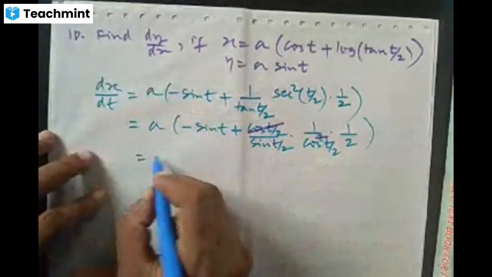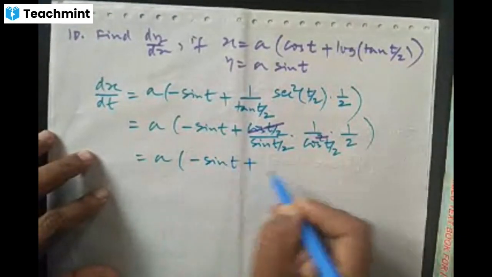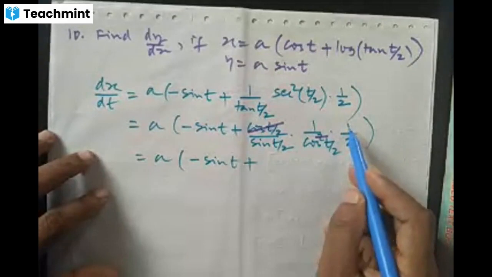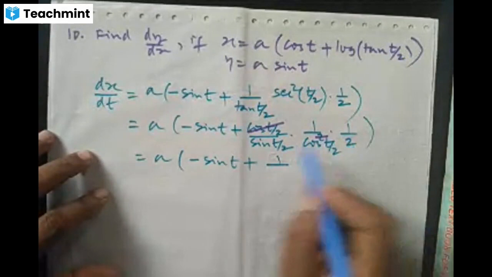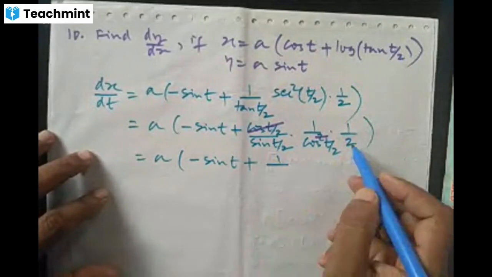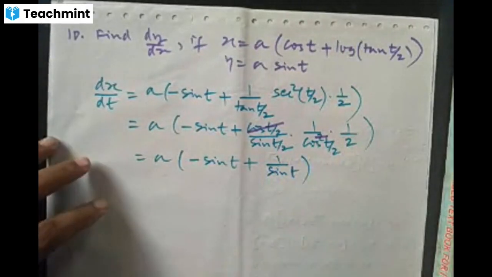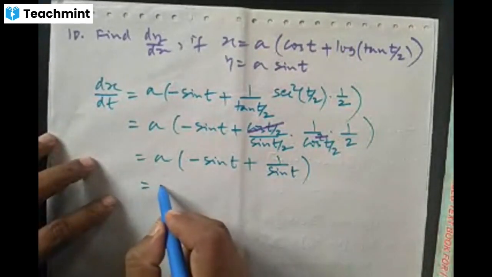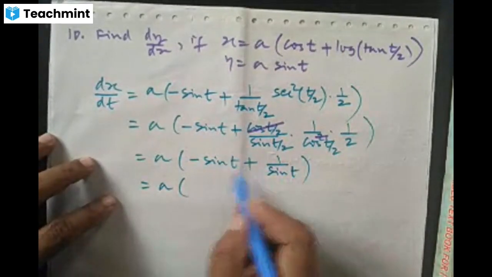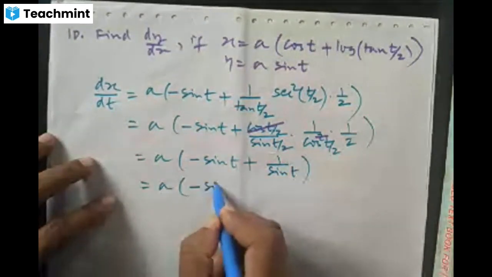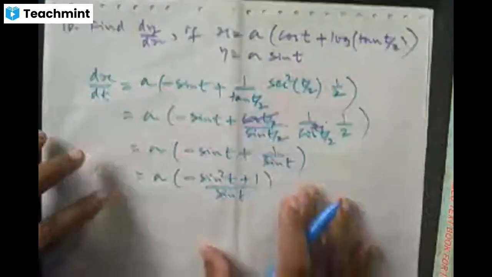Now can I cancel out cos t by 2 and cos t by 2, right? Then I get dx by dt as a into minus sin t plus, see here, now this is of the form 1 divided by 2 sin t by 2 cos t by 2, using the half angle formula. 2 sin t by 2 cos t by 2 is nothing but sin t. I have used the half angle formula. So further we can write this as a into, take LCM, sin t is the LCM, minus sin t into sin t, minus sin square t plus 1, divided by sin t, correct?